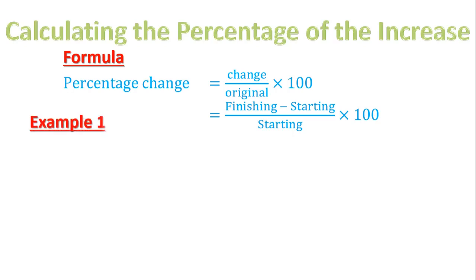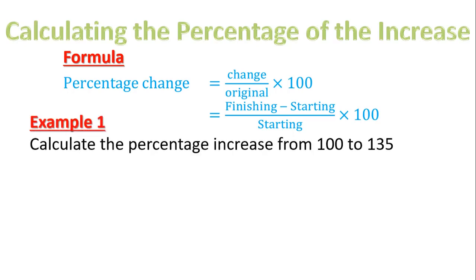So let's have a look. Example 1. Calculate the percentage increase from 100 to 135. Step 1, or the first thing we do, is we write down our formula, our finishing amount minus the starting amount over the starting amount times 100.